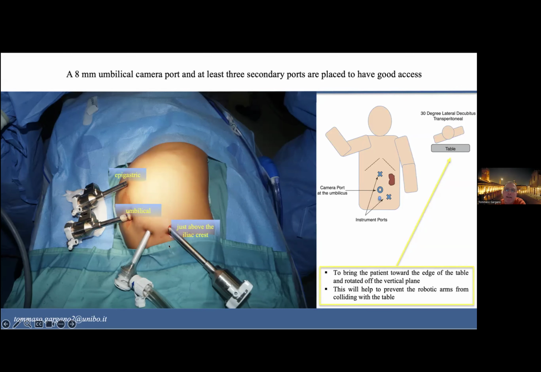Now you can see the position of the trocar, in particular the minimal distance between the robotic trocars, at least 6 centimeters. And another very important thing is the right position of the remote center inside the abdominal wall.